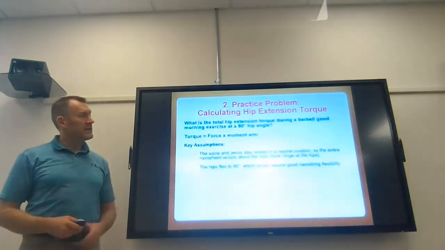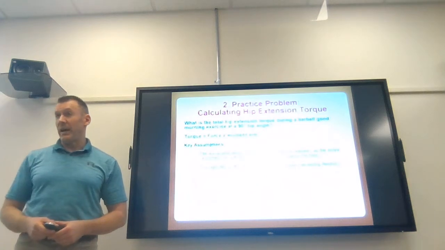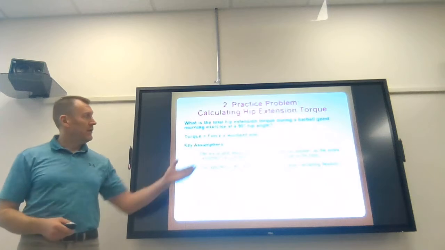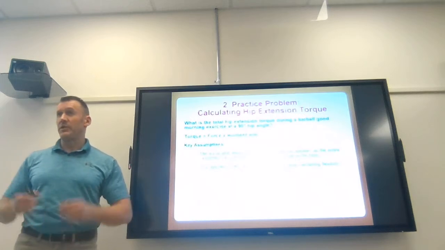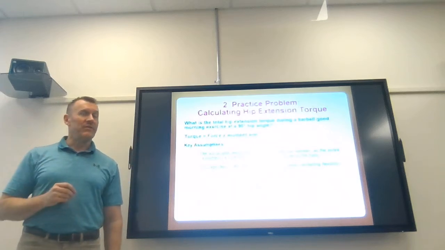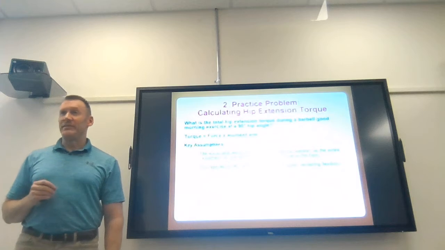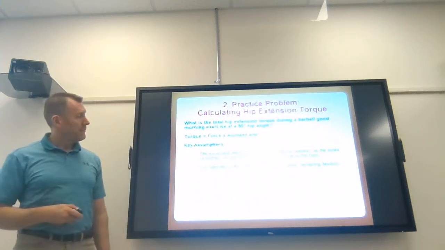The hips flex to 90 degrees, and if any of you have tried that, you have to have good hamstring flexibility to keep your pelvis in position. If your hamstrings aren't flexible, your pelvis is going to tilt back, and then your lumbar spine is going to flex, and that's not good. So you have to have good hamstring flexibility to begin with.